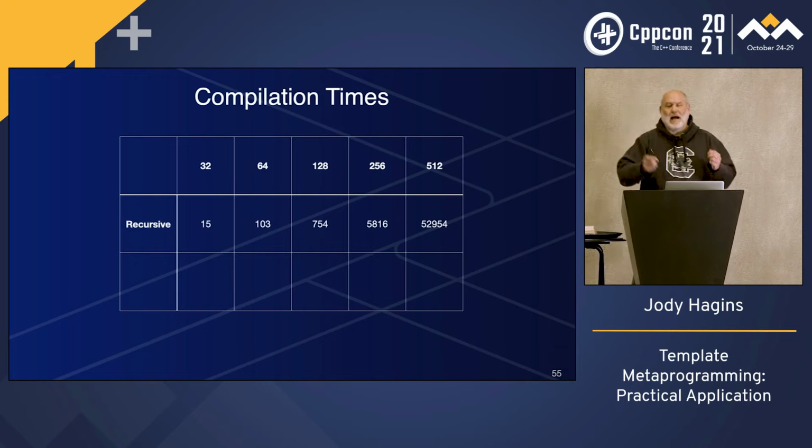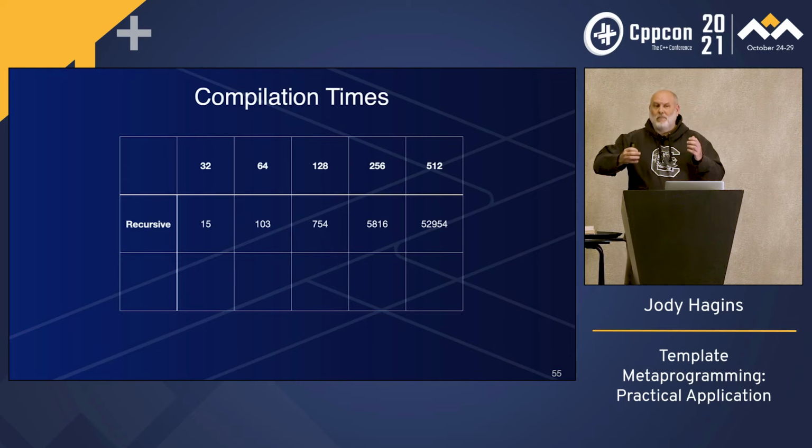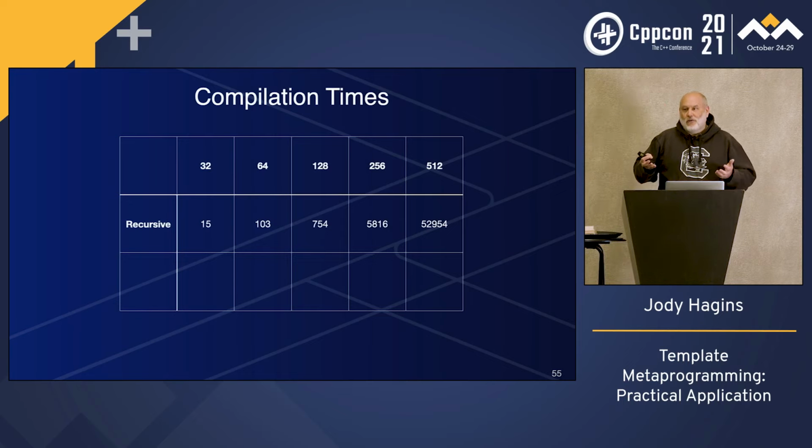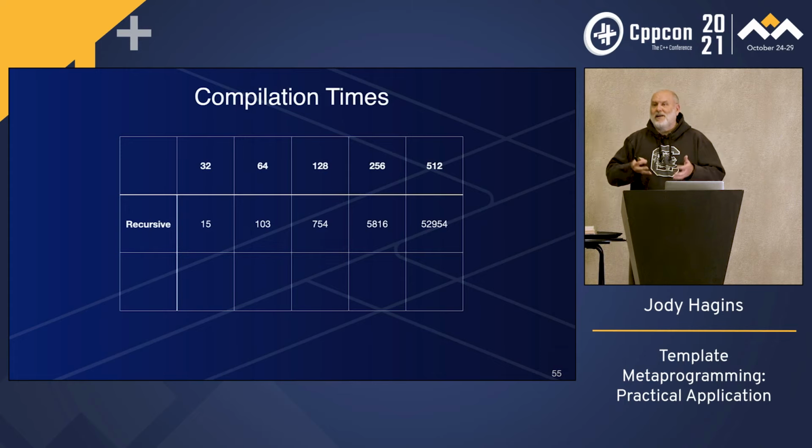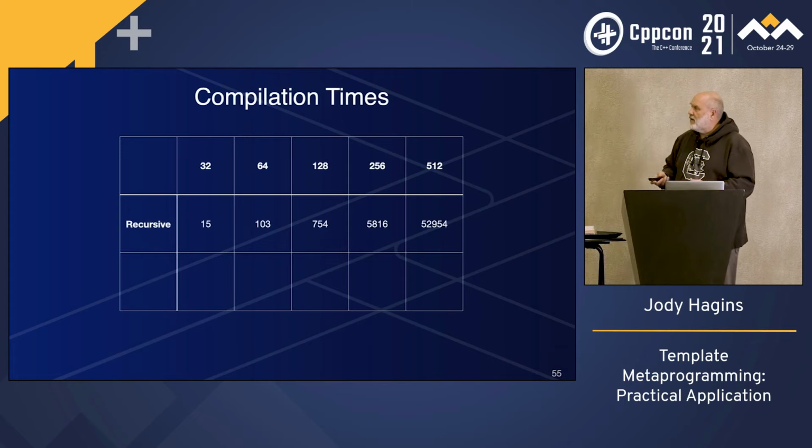My script ran the whole program each time through each one of these sizes 10 times, took the mean, the max, and the min, so that I could make sure, because it was on my Mac, right? So you'll probably get better or worse times depending on what you do, but they were very, very consistent.